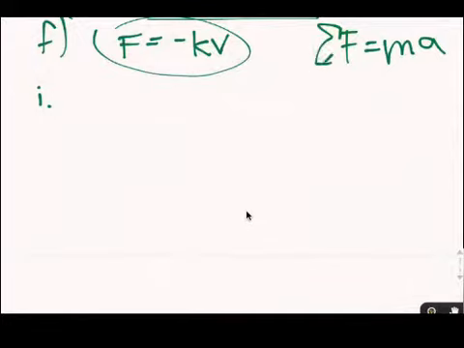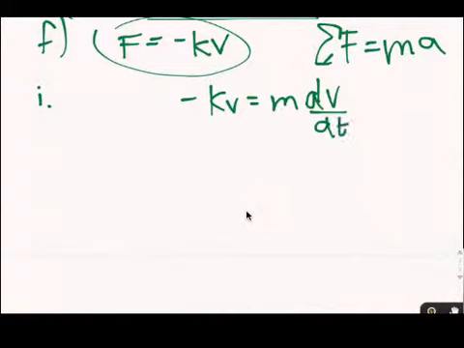So if your F equals negative kv, and your F equals ma, then just set those equal: negative kv equals ma. Well, acceleration is the derivative of velocity, so we can put in dv/dt.